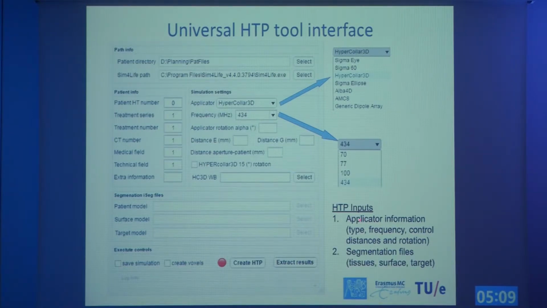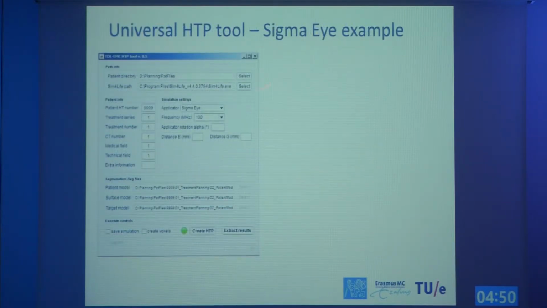As input into this tool goes the applicator information. You select the applicator type, frequency, and the segmentation files, which contain a tissue segmentation. Then the outer surface segmentation, which is used for automatic positioning, which I will show you on the next slide, and also the target delineation. On this slide is shown how the tool looks for the Sigma I model.